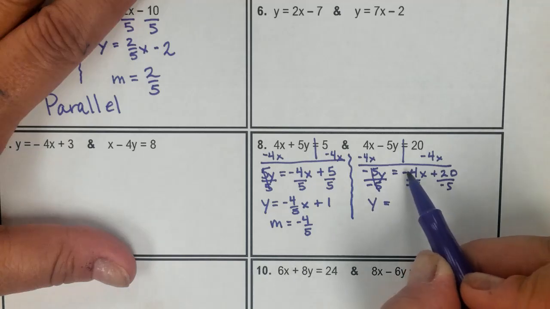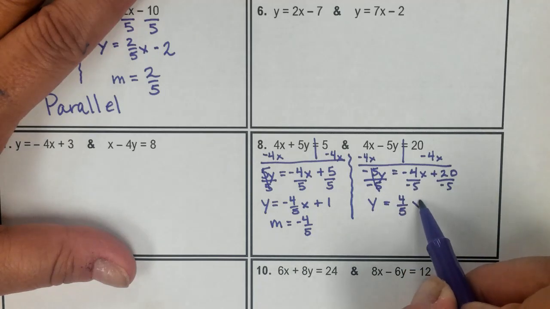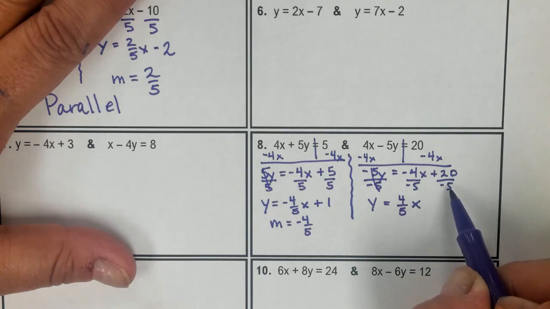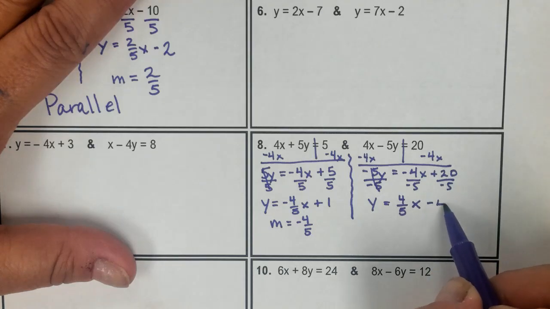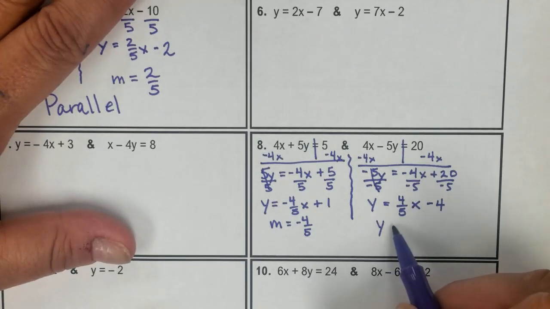So this gives me negative divided by negative is a positive. Positive 20 divided by negative 5 is a negative 4. The slope on this one is 4/5.